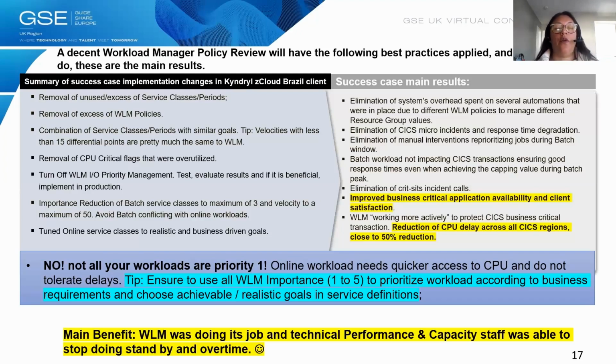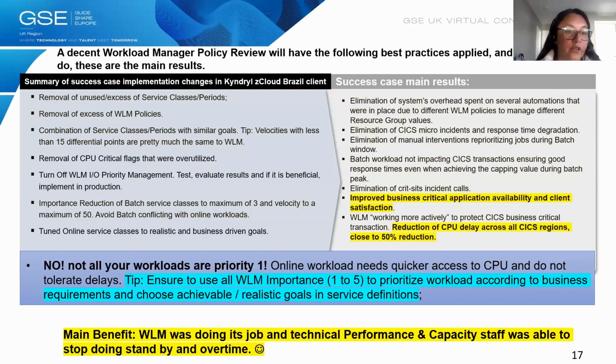These will be for, I don't know, long running. They assign many service classes with less than 15 differential points from each other, for example, in the velocities, or the response time goals are pretty similar.